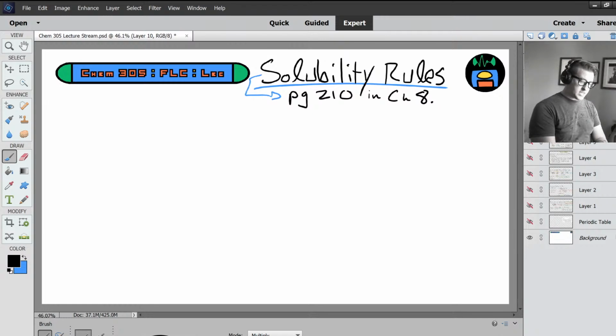All right, so the first category of ions is a category I call always soluble.